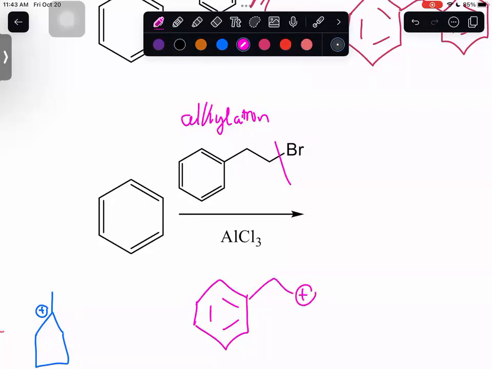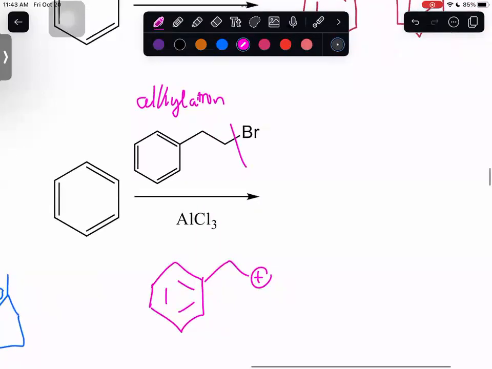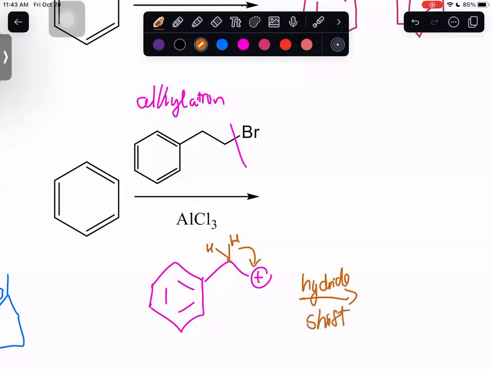Okay, so that's what happens in the very first step. We get a primary carbocation. We do a little hydride shift. Let's just write it here. And that's how we get the carbocation in the secondary position. And it's also benzylic, so it's really stable.